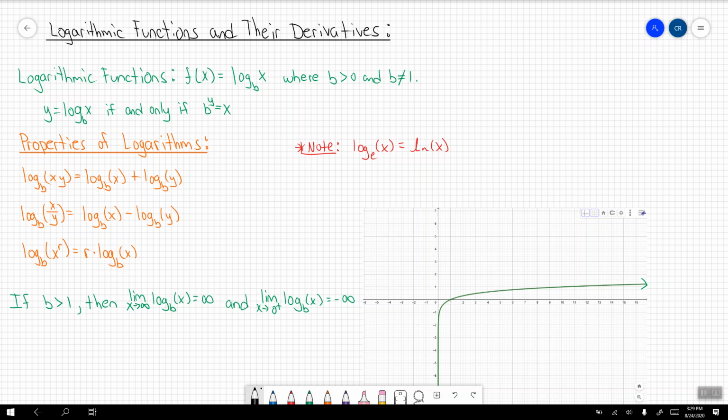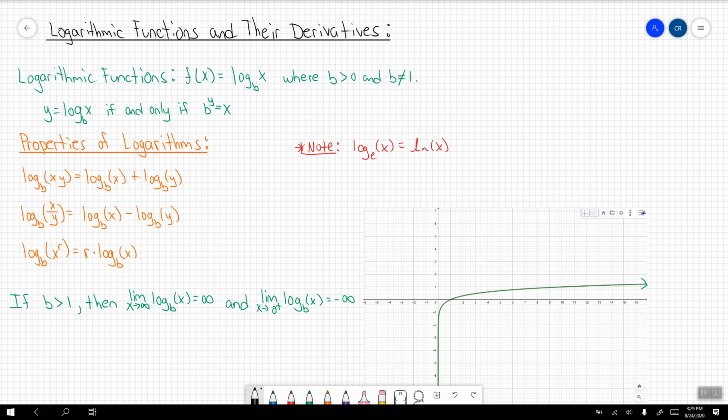If you remember in the previous section, we were looking at exponential functions, and we said with those exponential functions, our base had some restrictions. First restriction is that the base must be greater than 0. The other restriction is that the base cannot be 1.